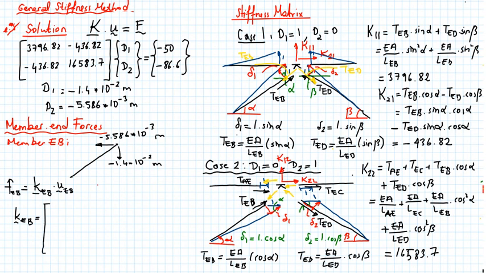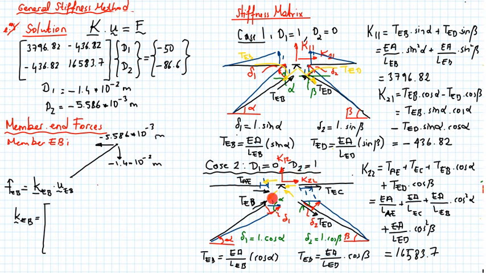For that, we will be looking at these free body diagrams, the components of this force in here and the component of the force in here. So the first case, when we have a unit translation, the contribution of this member is equal to TEB times sine alpha multiplied by D1 plus TEB times cosine alpha multiplied by D2.